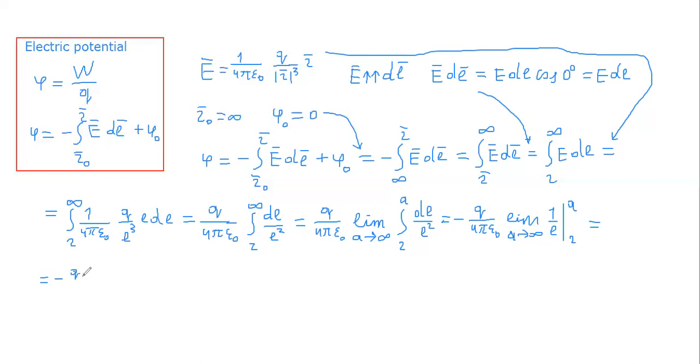Minus q divided by 4 pi epsilon 0, limit a to infinity, and in brackets we have 1 divided by a minus 1 divided by R.